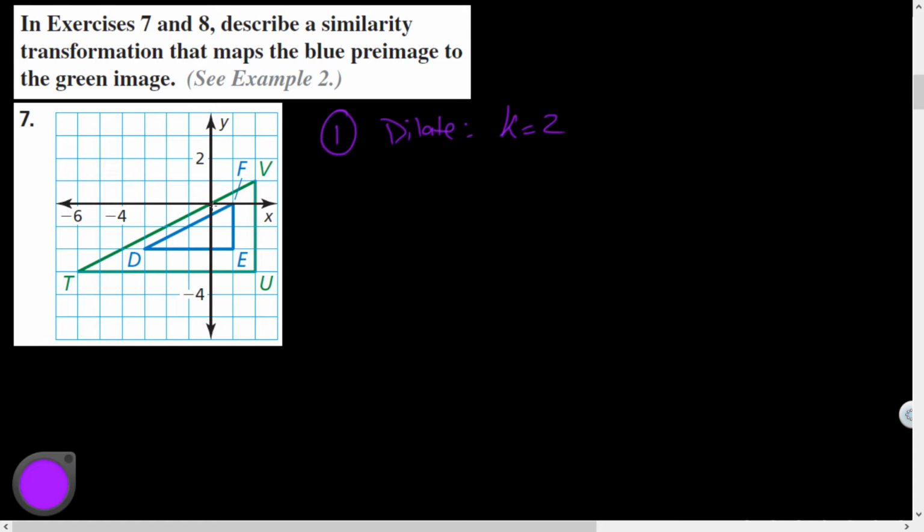So the blue image, so this is now F prime is going to be here. Let's see, down 2 over 1. And so down another 2 over 1. E prime is going to be right here. And then let's see, down 2 over 3. So down 2 over another 3 right there is my D prime.